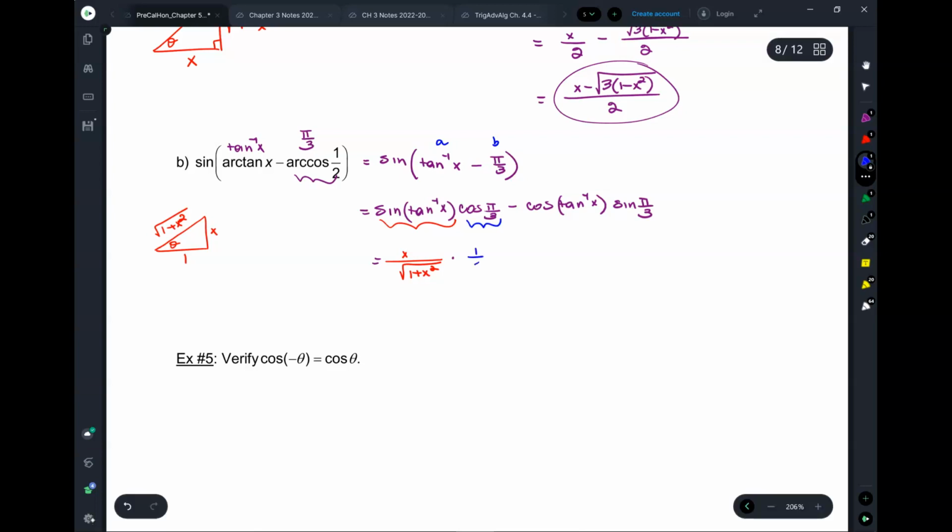Right. Minus this one. Now it's the cosine of that same setup, cosine of this setup, 1 over, okay? And then lastly, this one, sine of pi over 3 is root 3 over 2.